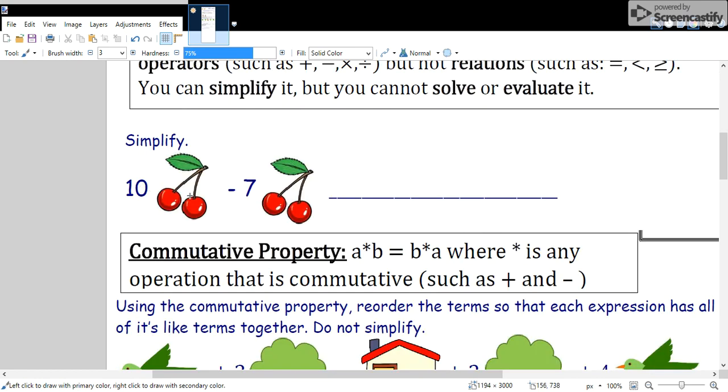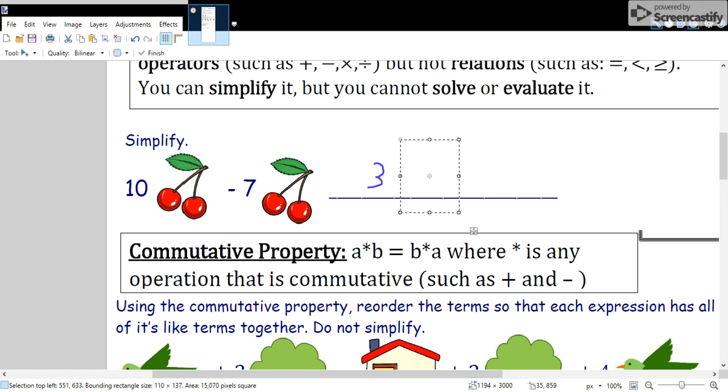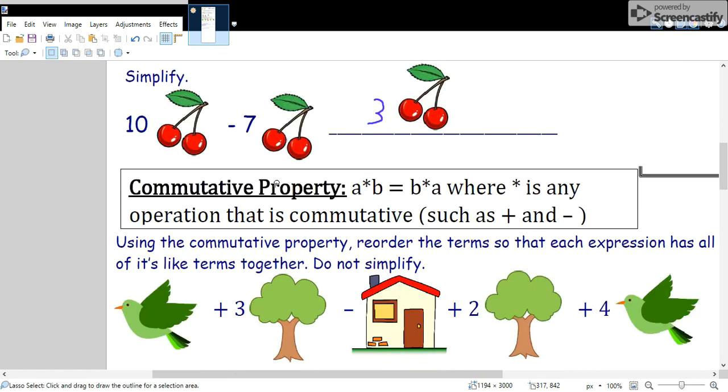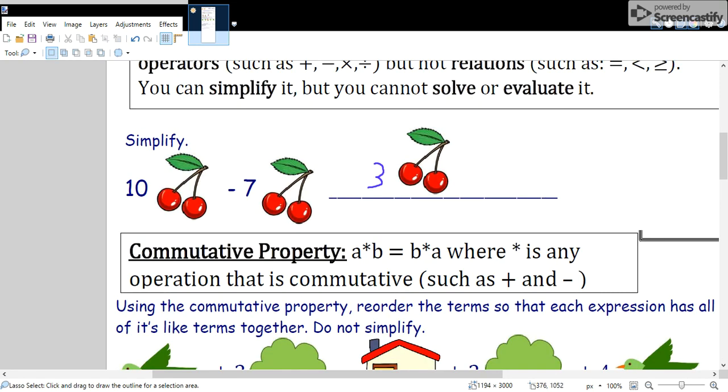Simplify. 10 cherries minus 7 cherries equals 3 cherries. Let's look at the next page.